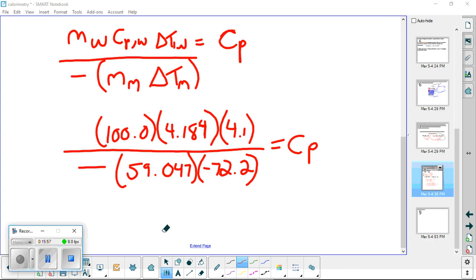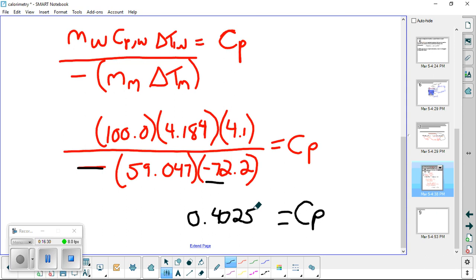So here is the equation with all of the numbers filled in. It's a real good thing that the change in temperature of the metal was negative, so that cancels out this negative sign, and I will find that my final specific heat is 0.4025.